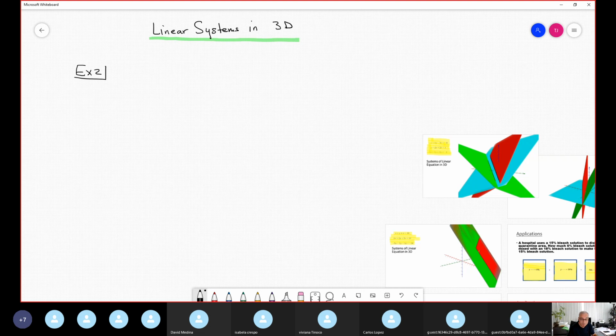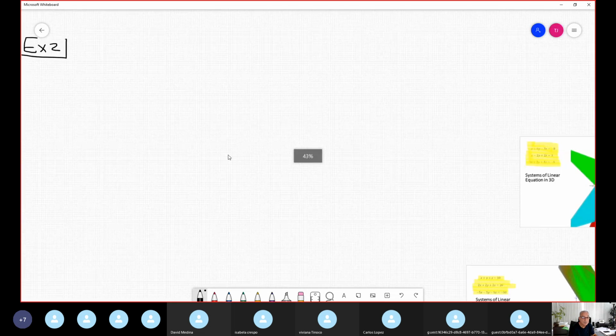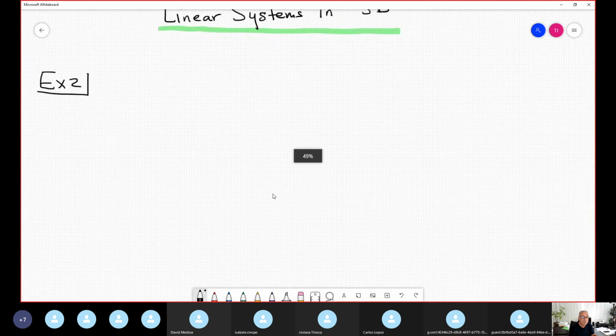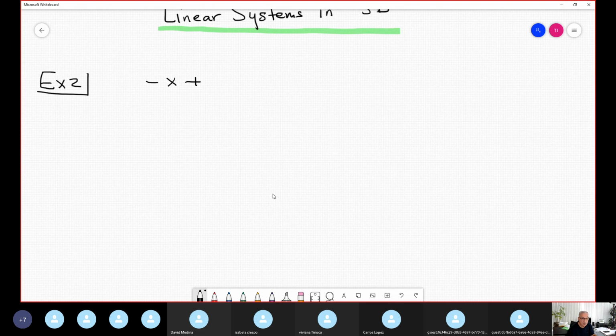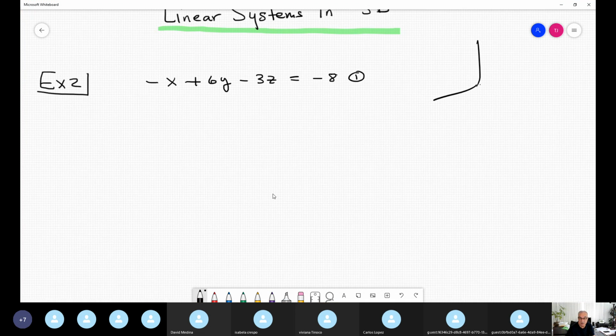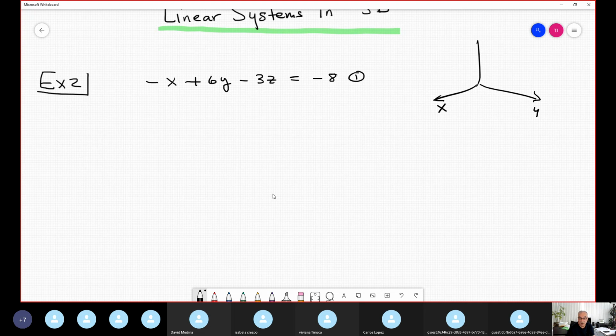Okay, example 2 now. Example 2 says: negative x plus 6y minus 3z equals negative... Equation 1 represents a plane in a 3-dimension context. 3-dimension is the axes like that: X, Y, and Z. I don't know exactly, professor, but the only thing I need to know is that it is a plane. The graph of the plane in 3D is very, very complicated.